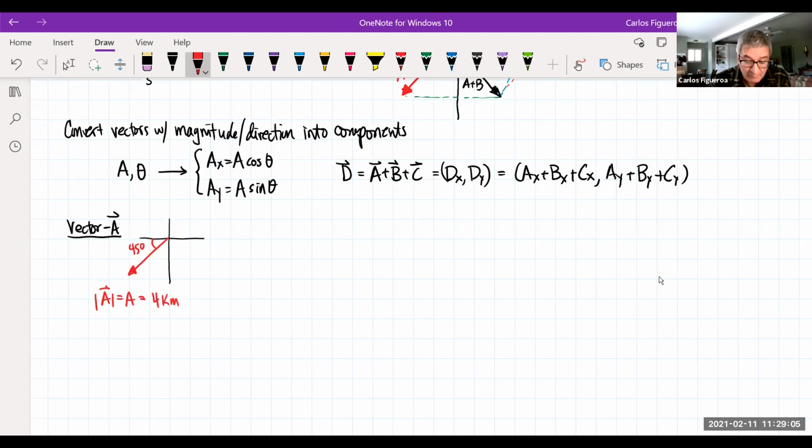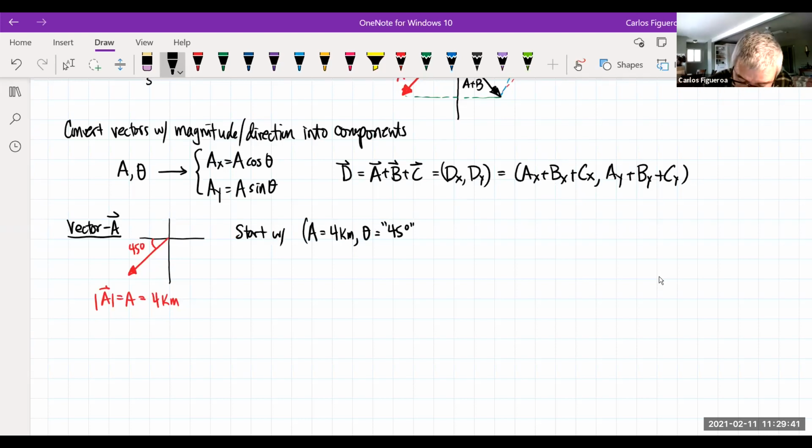What we said before is that how you measure the angle depends on how you look at the world. So let's do this here. We start with A equal to 4 kilometers, and theta, because it's measured relative to the negative x-axis, I'm going to put in quotes 45 degrees, and you'll see why I'm saying that.